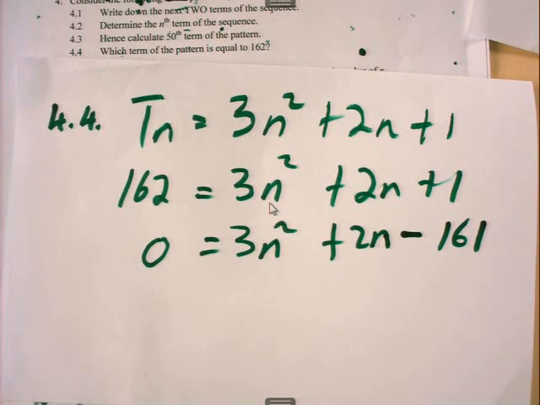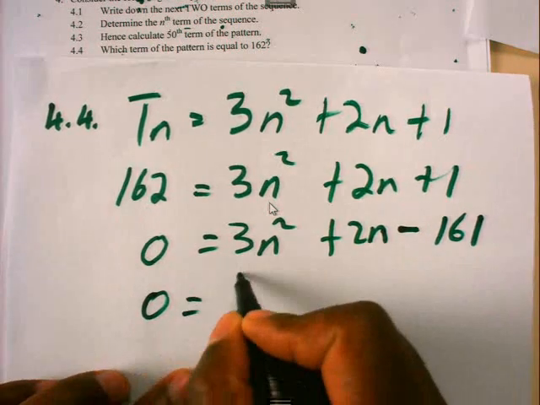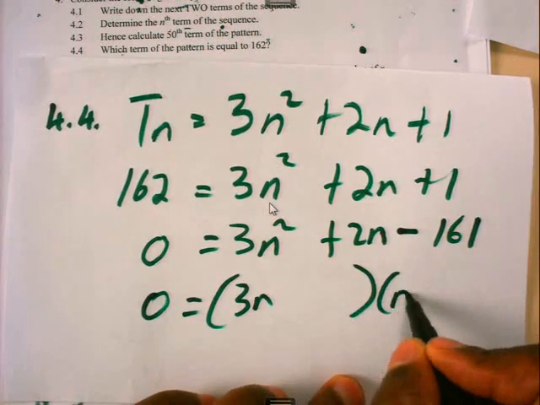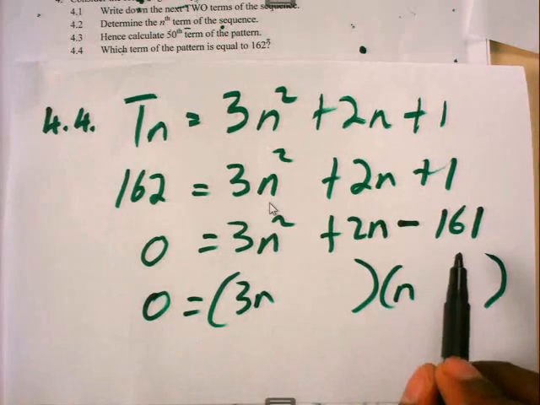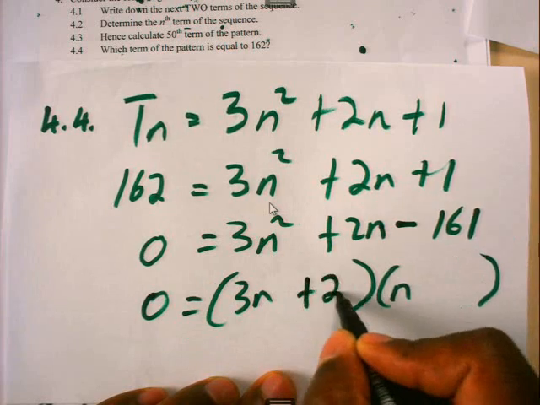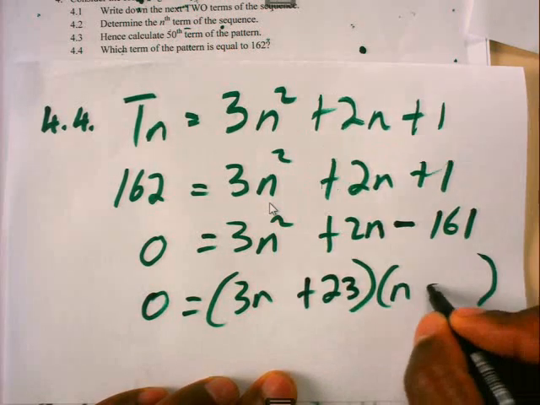Remember, in case you cannot find the factors, always opt for the quadratic formula, which is provided in the formula sheet. But if you are able to determine the factors, let's go. The factors: we've got 3n, and we also have n. So factors of 161, I think we can have positive 23 here and minus 7.